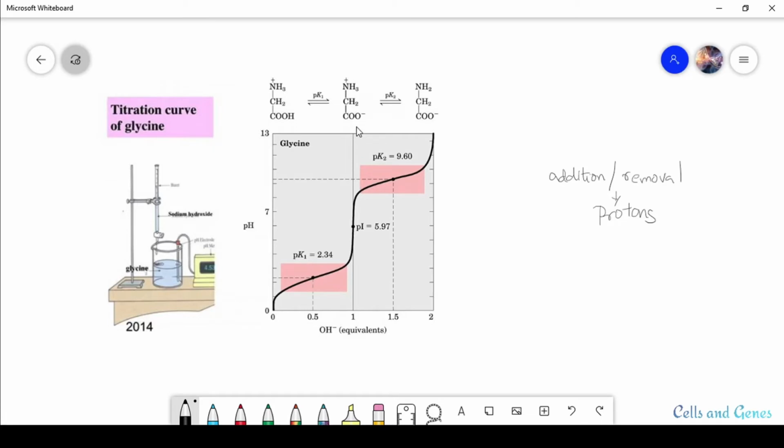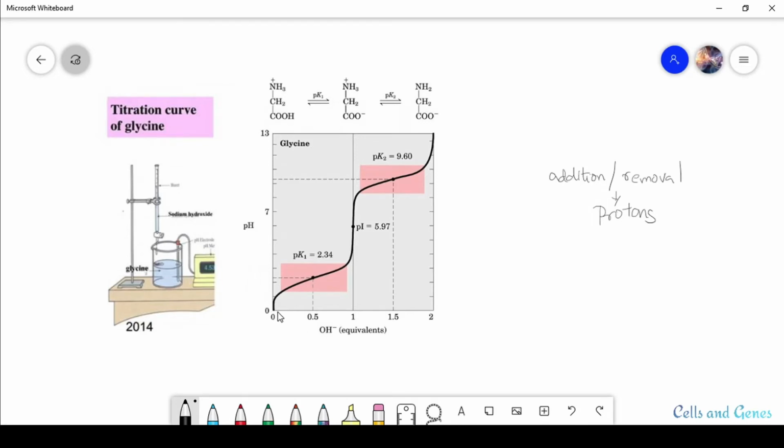What happens here is the deprotonation of two different groups on glycine, the carboxyl group and the amino group. Here this is the pH, and this is the OH minus equivalence. At very low pH, the amino acid is in the fully protonated form, that is NH3 plus.